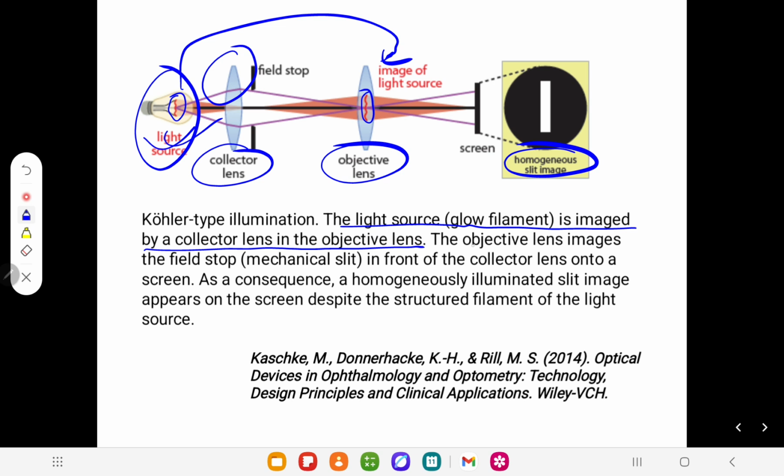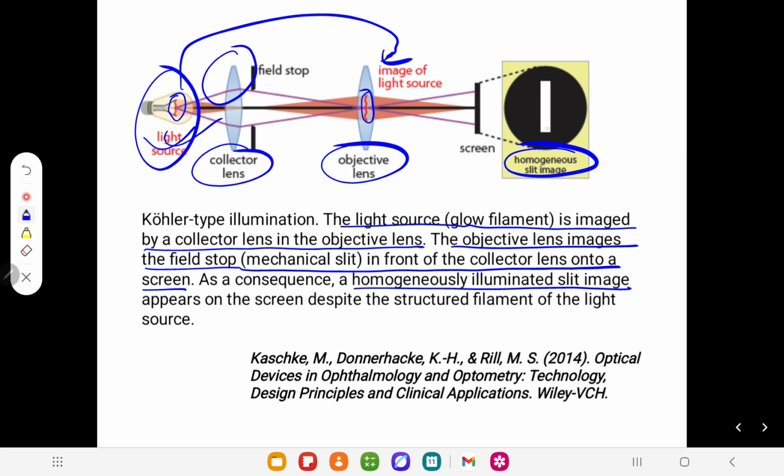Okay, so the objective lens images the field stop, the mechanical slit in front of the collector lens, onto the screen, as a consequence of homogeneous illumination. So basically this collector lens makes the image of this filament exactly at the objective lens.